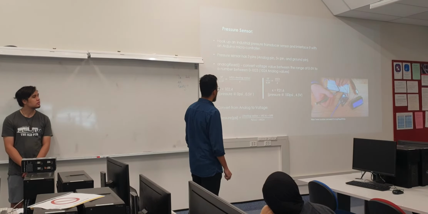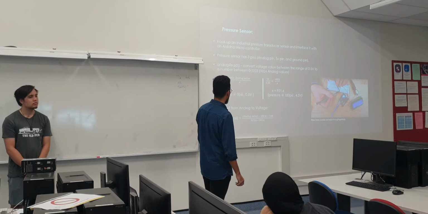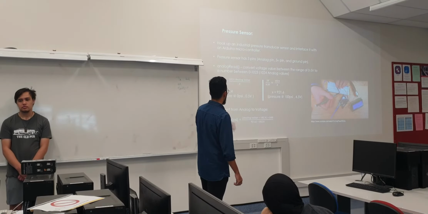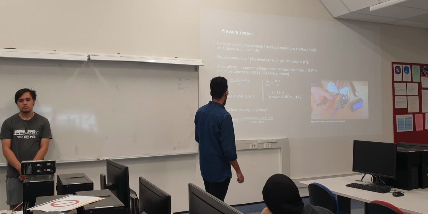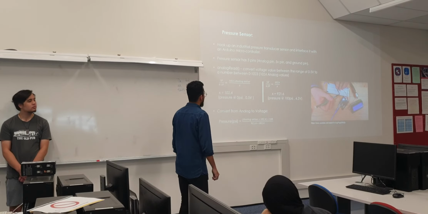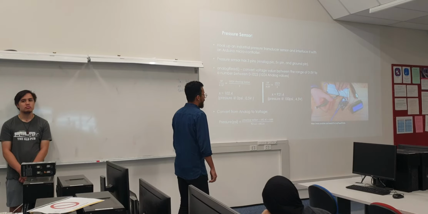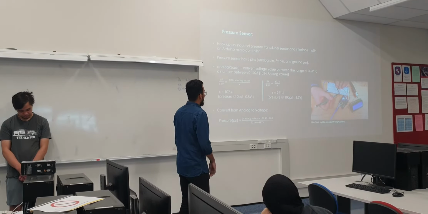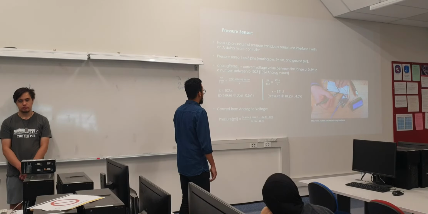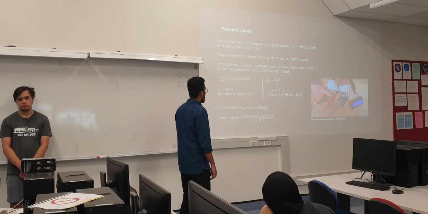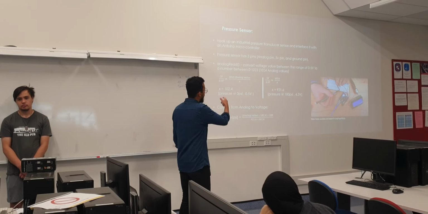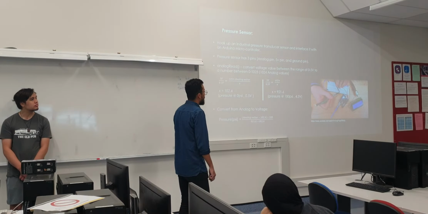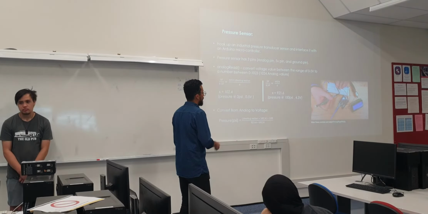If we know that 5 volts equals 1024 analog value, and we want to know what 0.5 volts equals, x, we do cross multiplication and get x equal to 102.4 at 0 PSI. This is the minimum analog value, at 0.5 volts. We do the same for 4.5 volts and get 921.6 analog value at 100 psi.